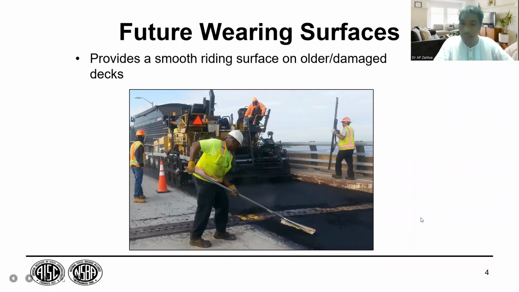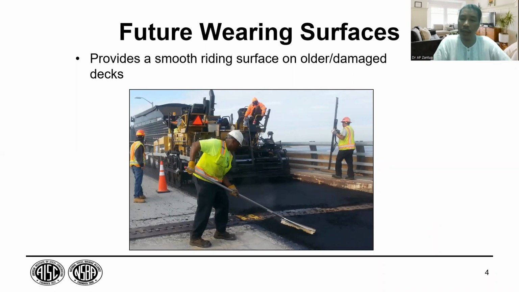The black portion is asphalt. They put somewhat the mixture of good quality and established. So asphalt is good for us as a wearing surface because it is the most economical material, number one, and number two, it could easily be replaced.